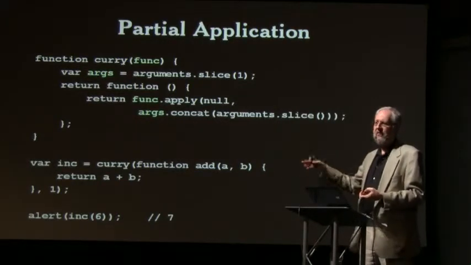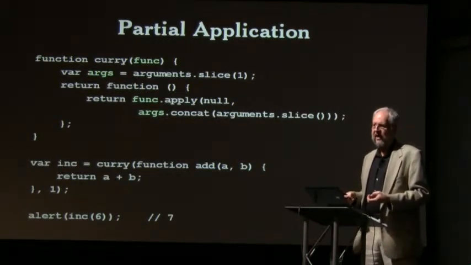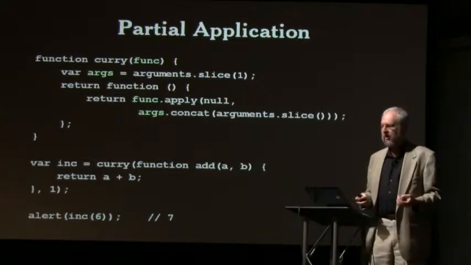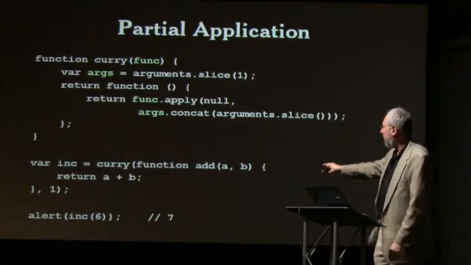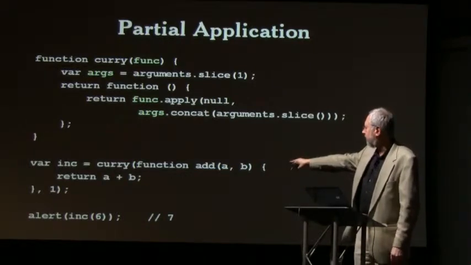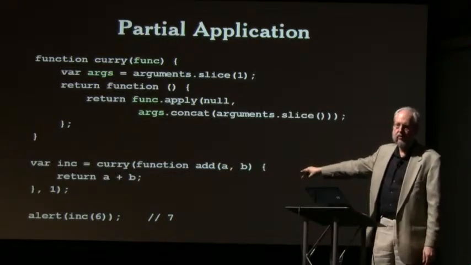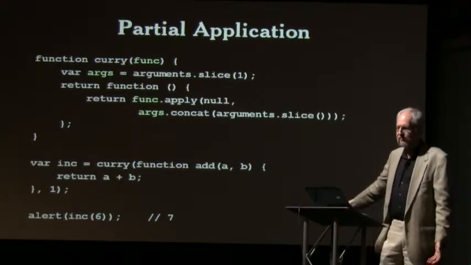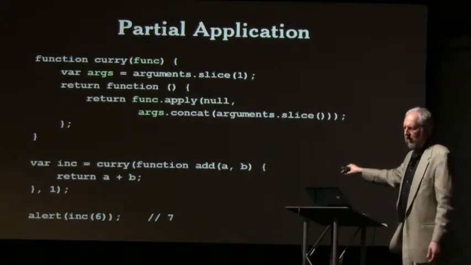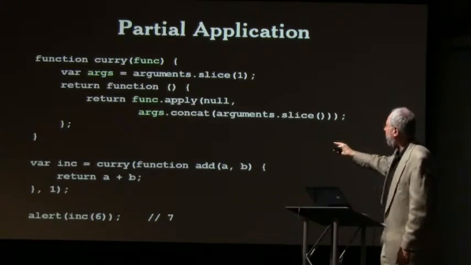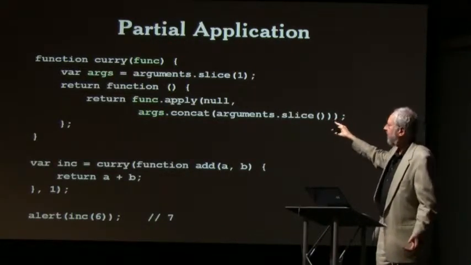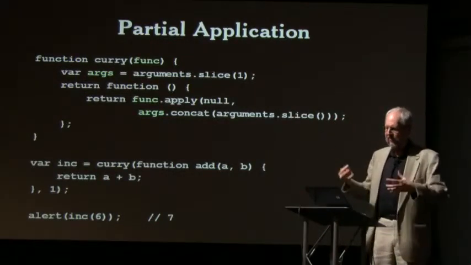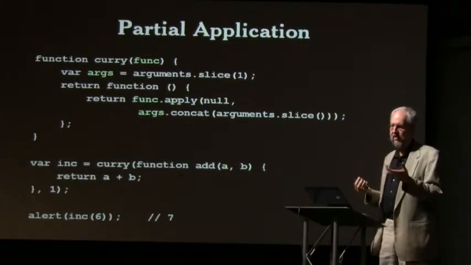And it will return a function which will add 1 to whatever gets passed to it. So I'm going to store it in inc because that's a good name for that. And then I can call it. So if I pass a 6 now to inc, I get 7. And this is called partial application. So the implementation of it is I'll first get an array of arguments except for the first one, because the first one is the function.